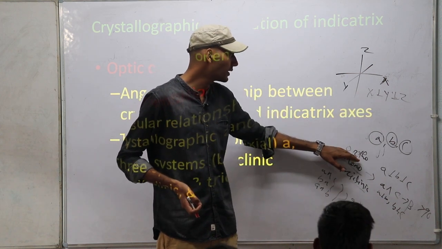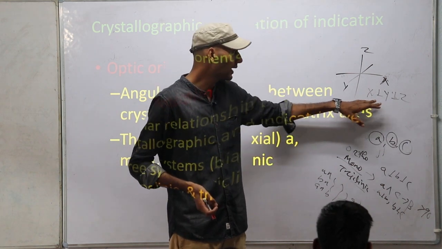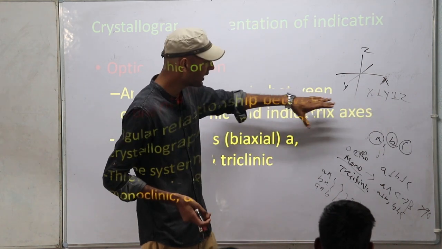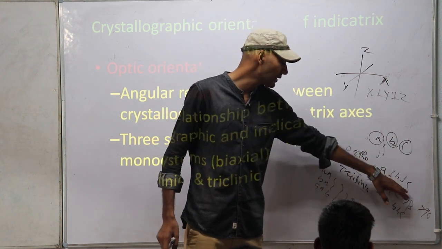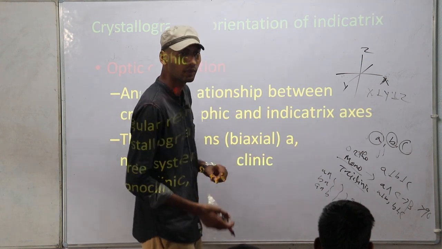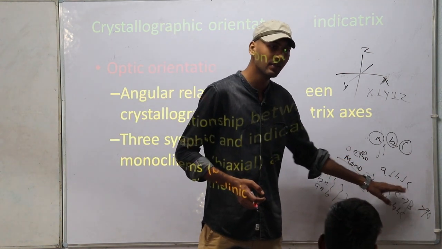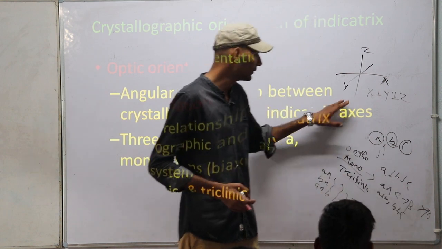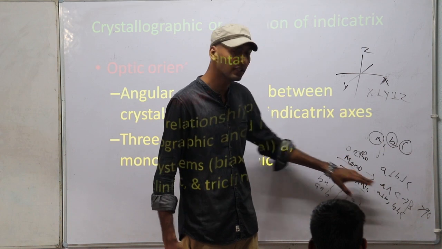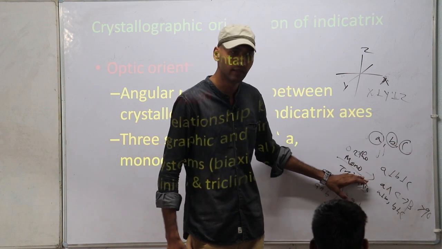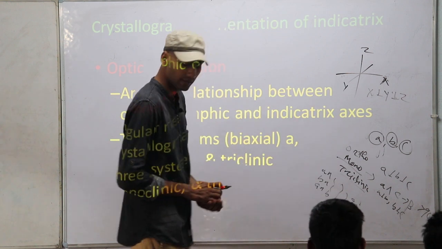Talking about the orthorhombic system, if one of the indicatrix axes, not optic axis, indicatrix axis, coincides with a crystallographic axis, the other two will coincide too. Why? Because all are mutually perpendicular. But in case of monoclinic, if one coincides, the other two may or may not coincide. In triclinic, none of them will coincide, right? So we'll see that.